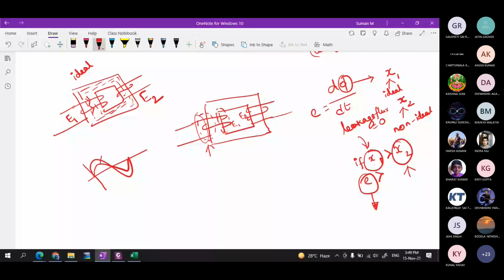In order to reflect that, we are going to remove this leakage flux and represent it as an inductor here. This is called leakage flux representation. We are representing it in terms of reactance, as a series reactance.